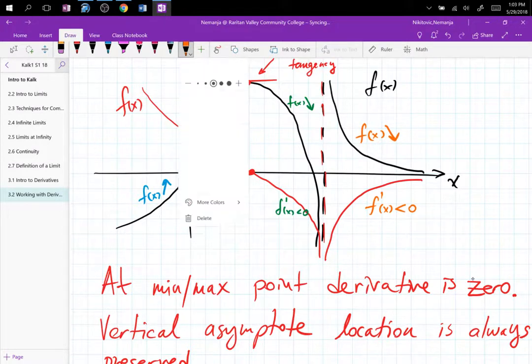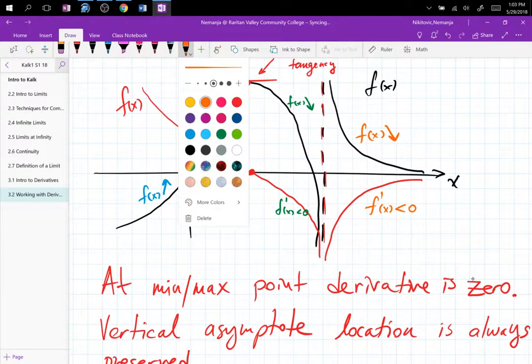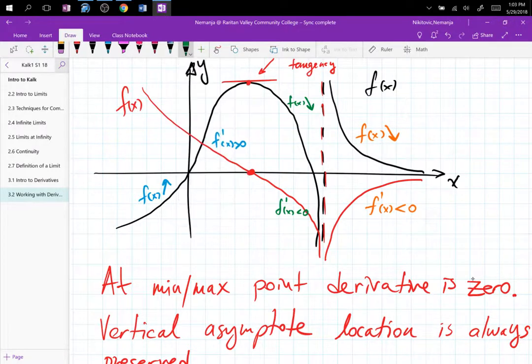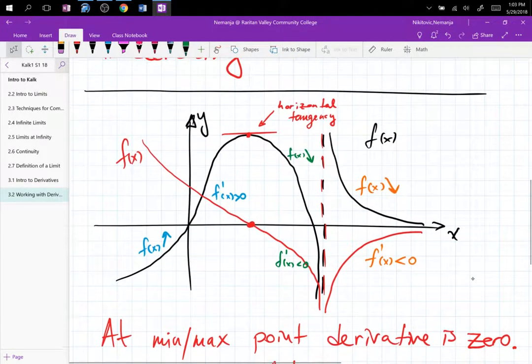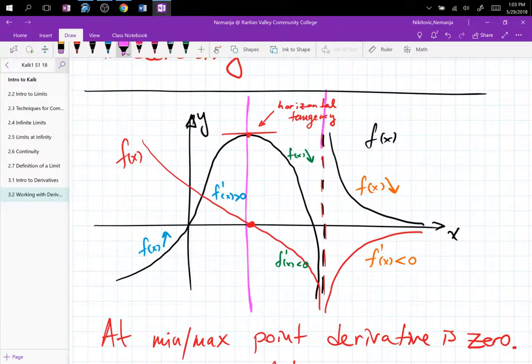I am always hesitant to actually draw in the dividers. So I'm going to draw dividers for a short period of time and then erase them. So the pink ones would divide the intervals. You have an interval from negative infinity to the maximum value, because that's where the derivative cuts through 0.